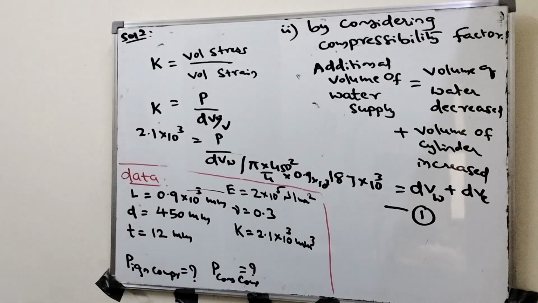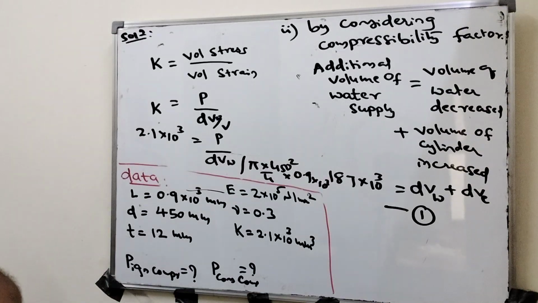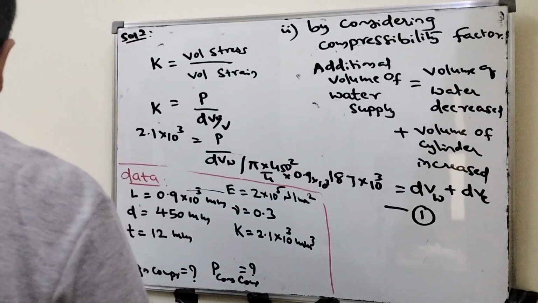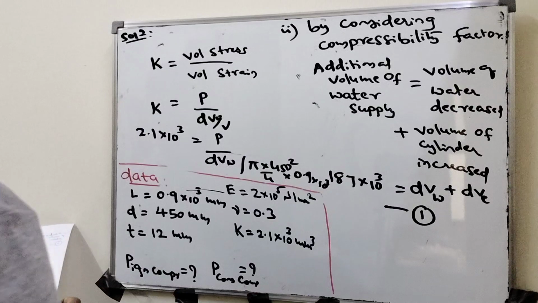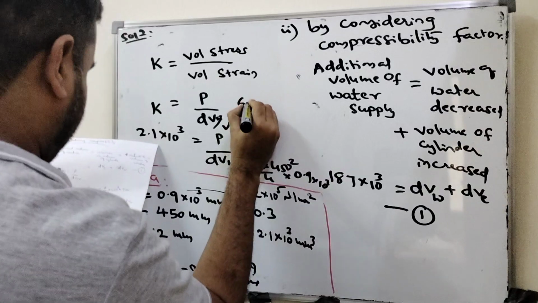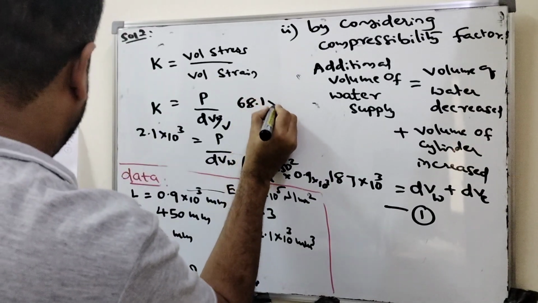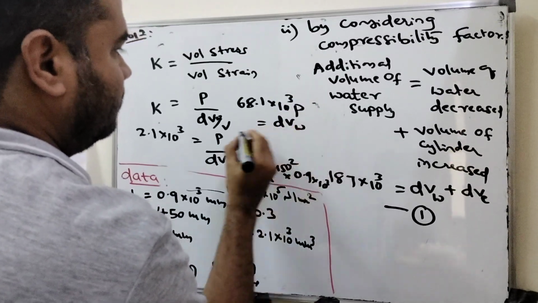After simplification, you will get 68.1 into 10 raised to 3 P equal to the change in volume due to water.